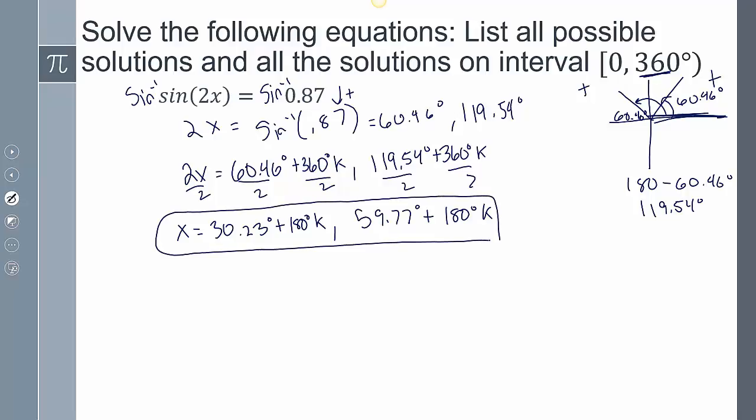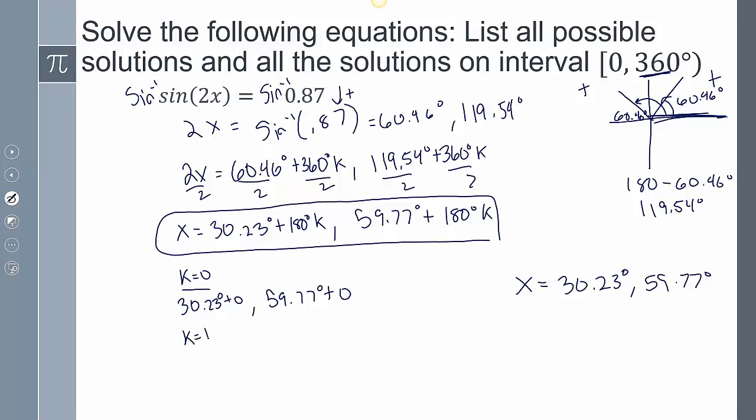So this right here is listing all possible solutions. And so now finding all the values in the interval, you need to start plugging in values for k. So plugging in k equals 0, you're going to get 30.23 degrees plus 0 and 59.77 degrees plus 0. So far, I'm going to get 30.23 degrees and 59.77 degrees. Now to find the other values, I have to plug in k equals 1. If I plug in k equals 1, I'm going to get 30.23 plus 180 times 1, and 59.77 plus 180 times 1.